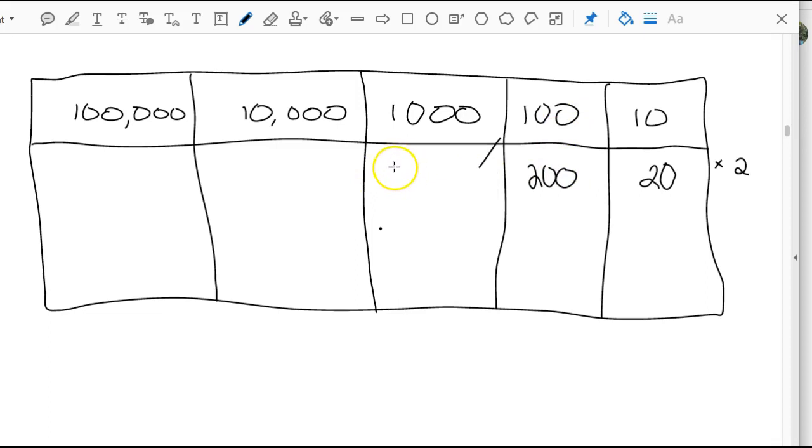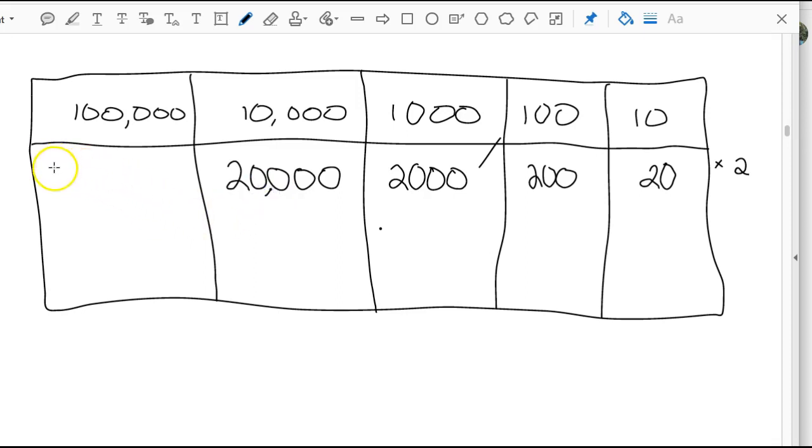This one, 2 times 1 is 2, but it moves from the 1's place 3 places, 1, 2, 3 places in value. This one, 2 times 1 is 2, and then it moves from the 1's place 4 place values. It moves over and it gains value because we're multiplying.